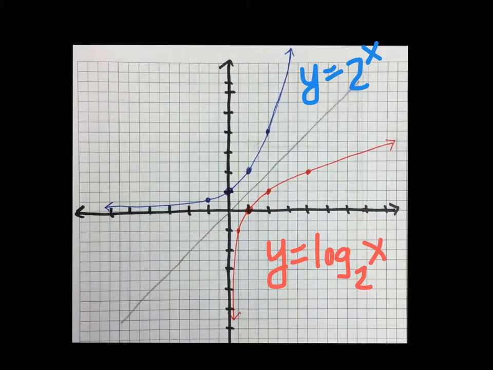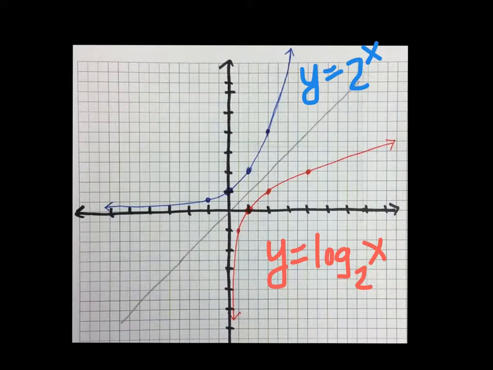In this video, we're not going to spend any time talking about what all of these things mean. This subscript 2, which is our base, we'll get into that in later lessons. This lesson is just going to focus on how to graph the log function. A couple of things to point out.